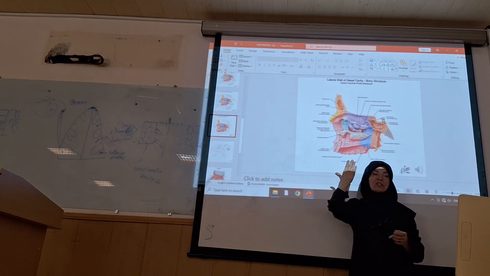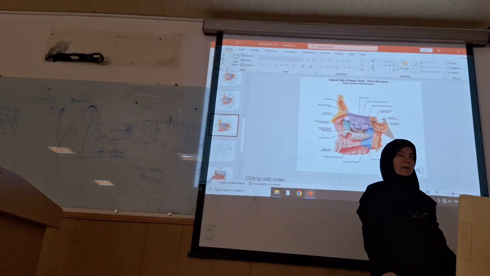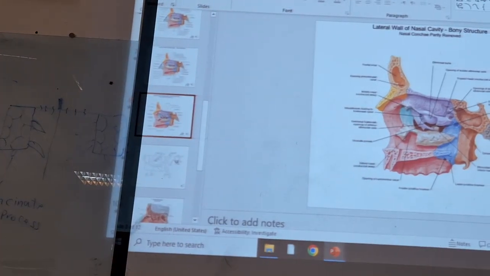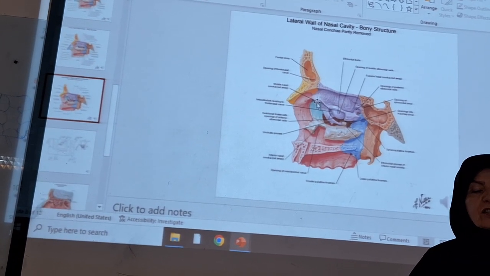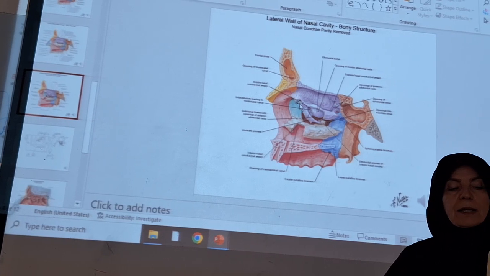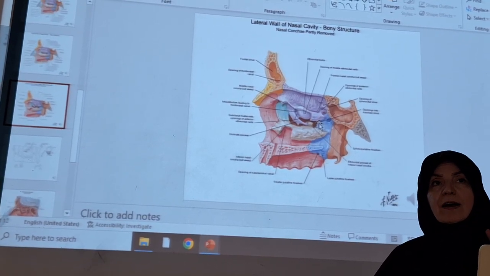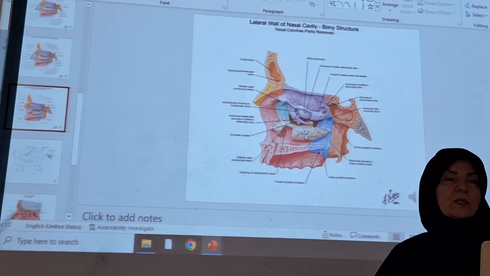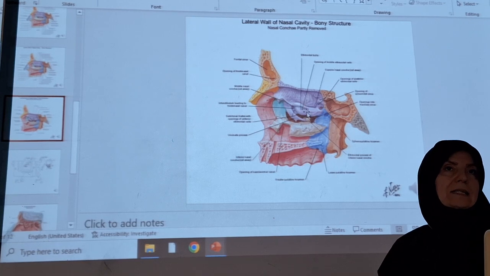Please pay attention to the middle meatus. It is important. Middle meatus. To be able to show you the middle meatus, we cut a small portion of the middle concha. In the middle meatus, first, you are able to find a projection, an eminence.